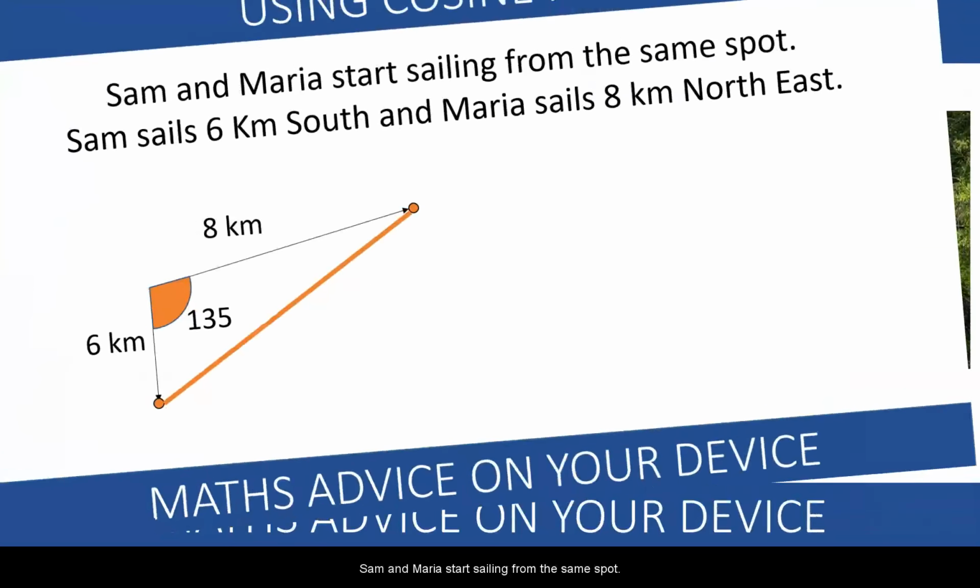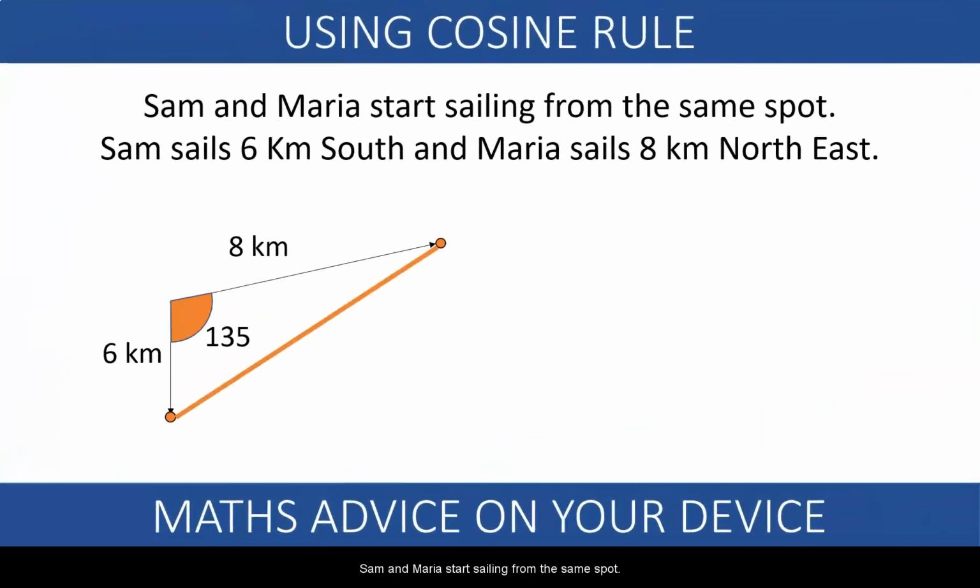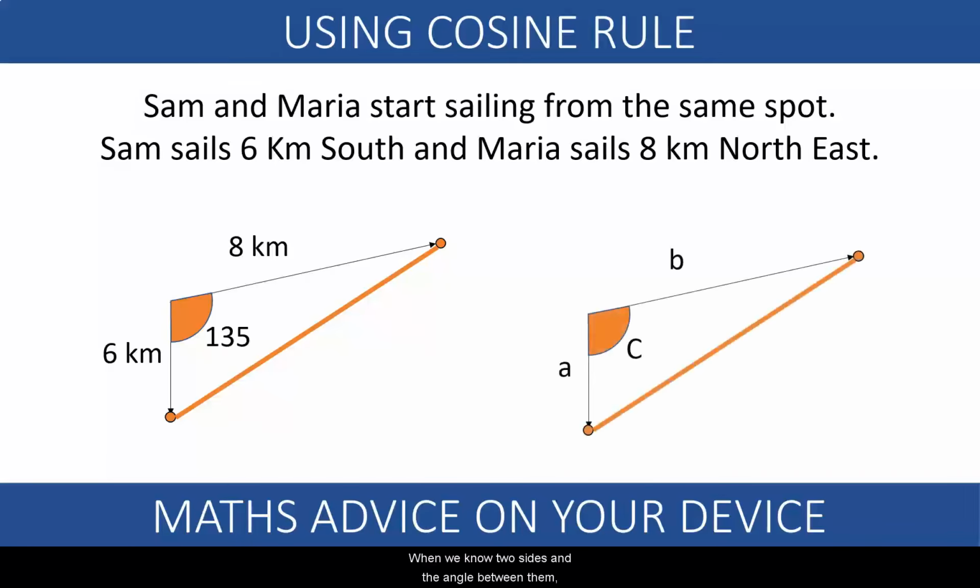Sam and Maria start sailing from the same spot, and Sam sails 6 kilometers due south, and Maria sails 8 kilometers northeast. When we know two sides and the angle between them, we use the cosine rule.